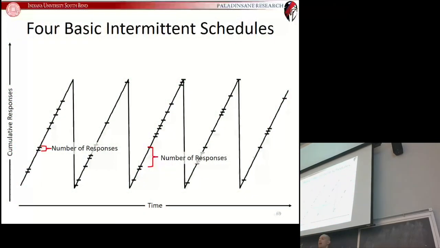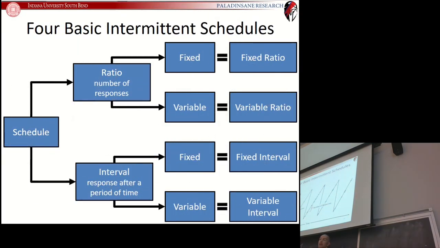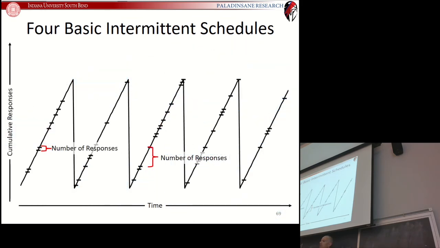As Dr. Fox mentioned, he had that high stable rate of self-abuse. And a high stable rate is the characteristic pattern that occurs for a variable ratio schedule. So a variable ratio schedule is what leads to this pattern of self-abuse.